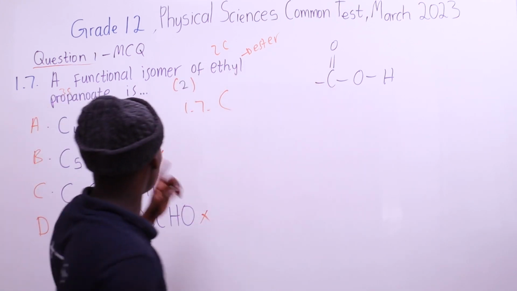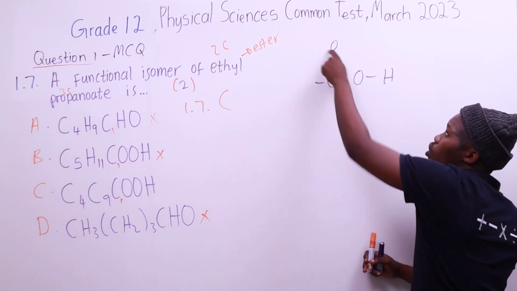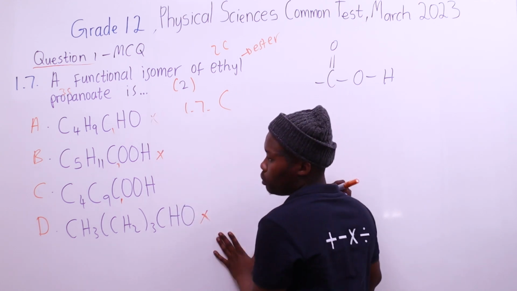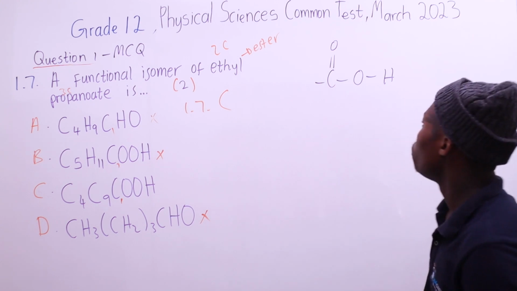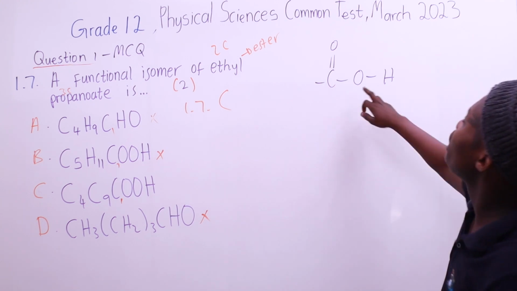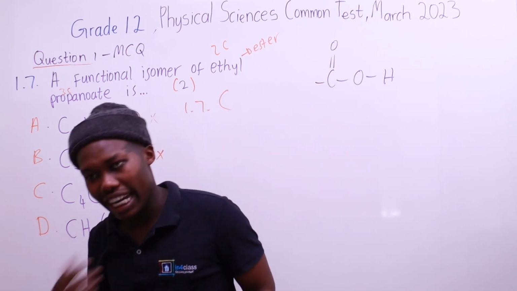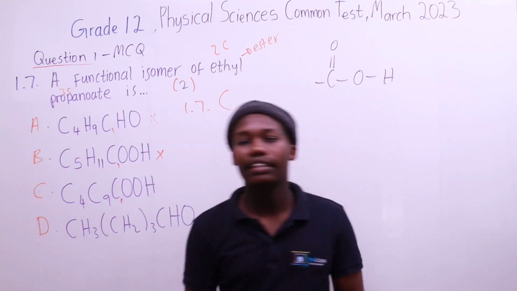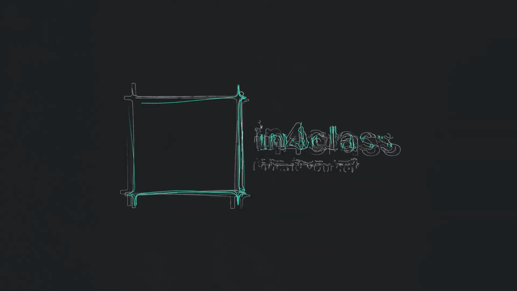So we're looking for a compound with 2 O's. Those that have only one O are out. What else are we looking for? We are looking for COOH, matching the number of hydrogens, and then we choose compound C as our answer, which is why it's 1.7, or C. And now 1.8.